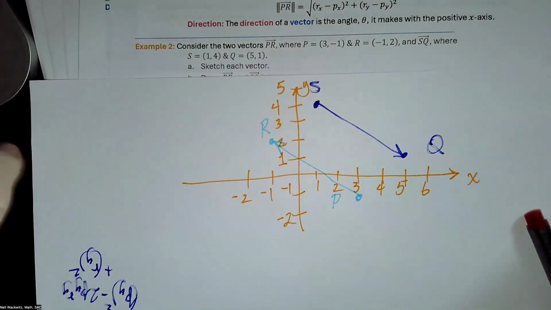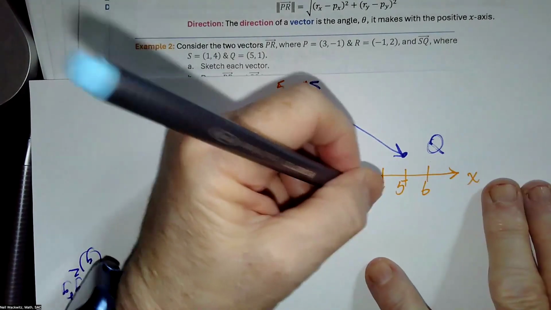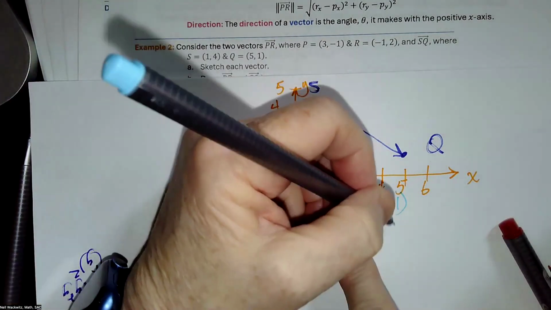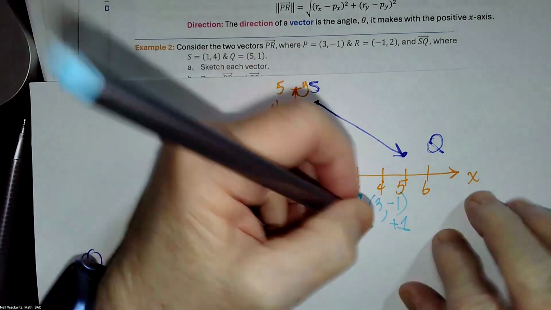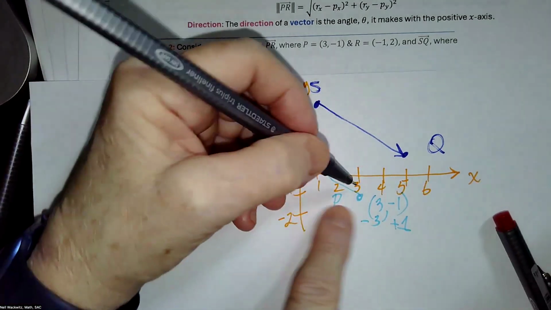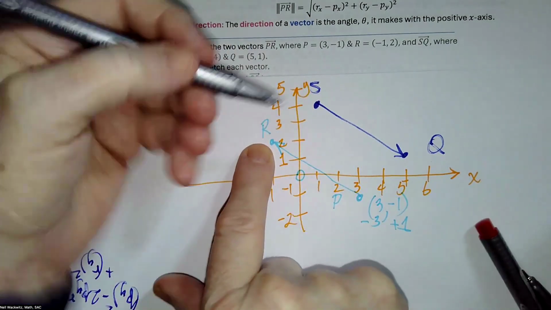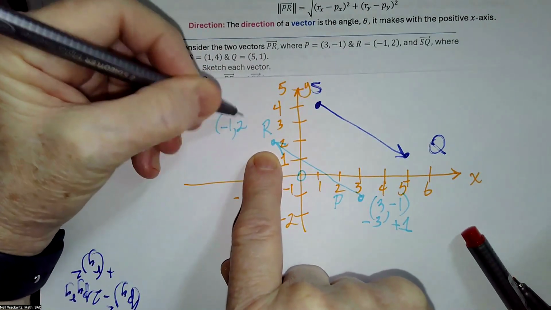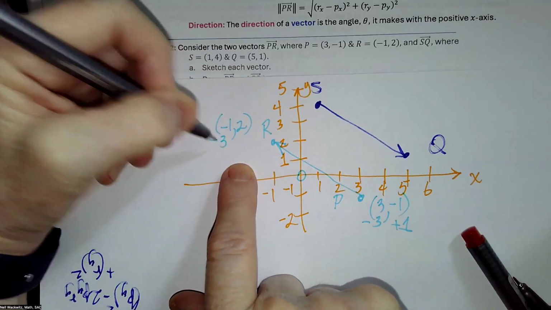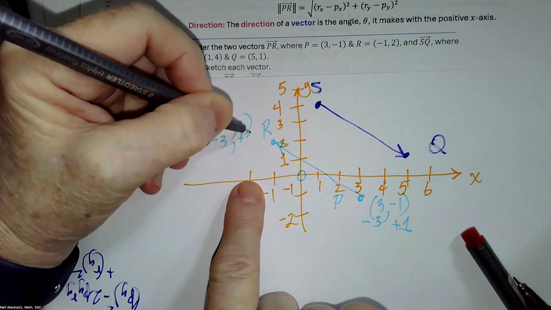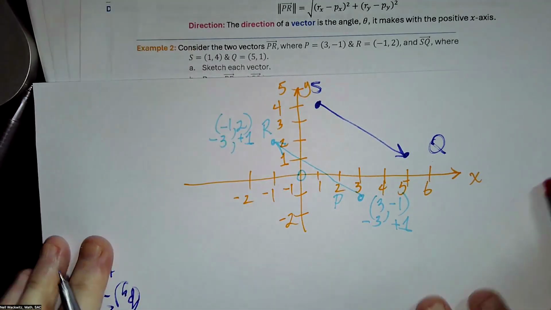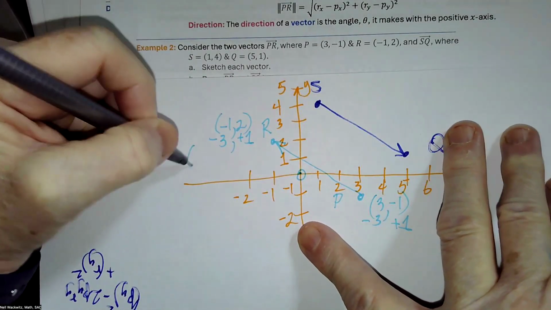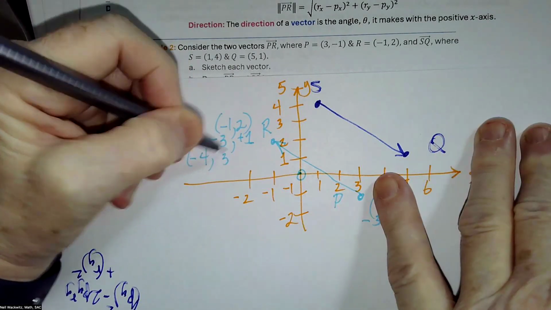P was 3, -1. So I'm going to go up 1 and to the left 3. So up 1 to the left 3. And I'm going to do the same thing with R. R was -1, 2. I want to go left 3 and up 1 so that the new PR, let's see, -4, 3.